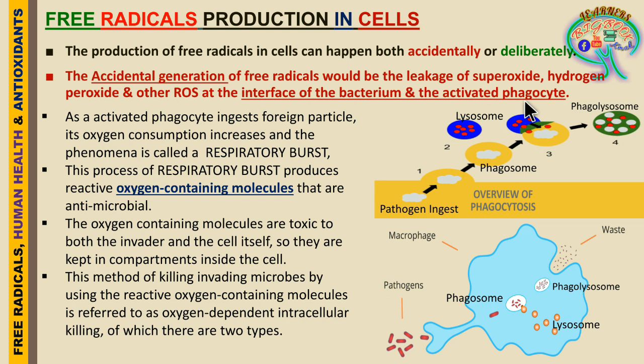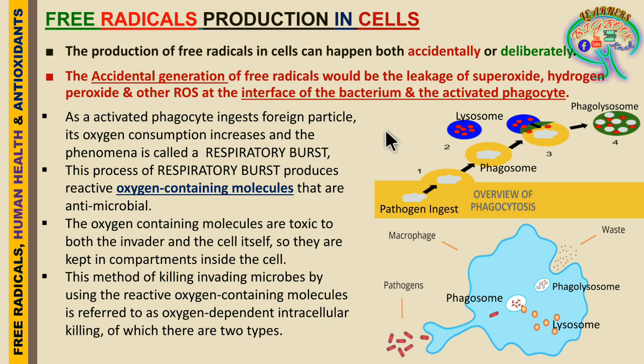The interface of the bacterium is when the bacterium infects the body, it is considered the pathogen, and that pathogen is going to get engulfed by the macrophages in the form of the phagocytosis process.